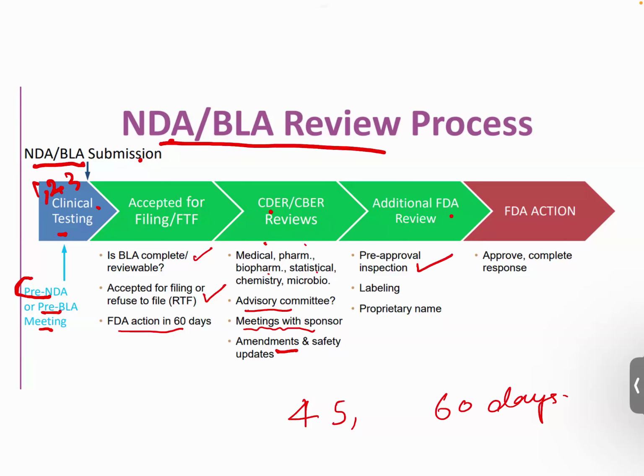Recently, one of our applications was going for a marketing authorization in the EU. This is known as the MA, marketing authorization application. They sent a note that they would like to inspect, and there was an audit for almost 1 month. Labeling is also reviewed. Then the final action by the FDA, EU, or DCGI is approval or not.